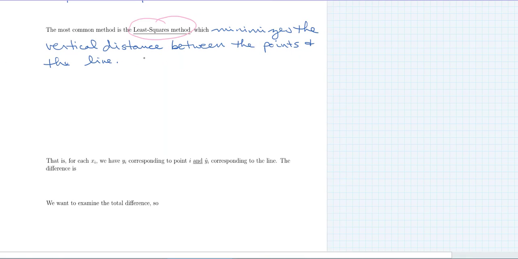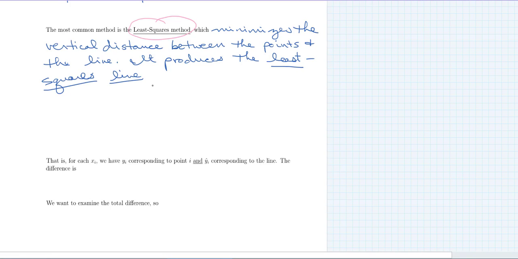And what does it produce? This method produces what is called the least squares line. And this least squares line involves the sum of squares.